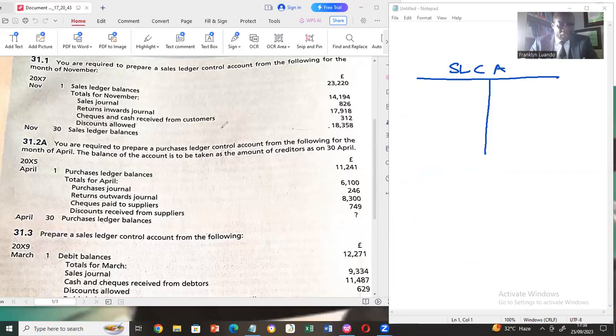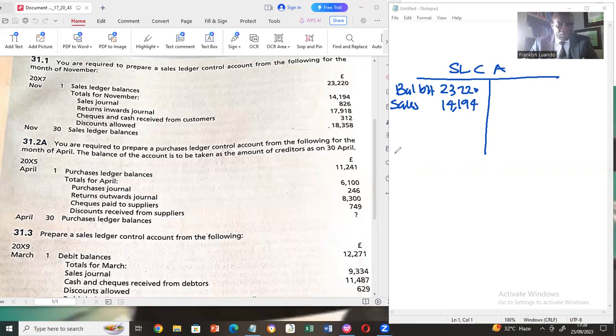So here we can check the sales ledger balance we have. It's given. The balance brought forward, we debit 23,220. Sales journal, that's where we get the total credit sales, 14,194.